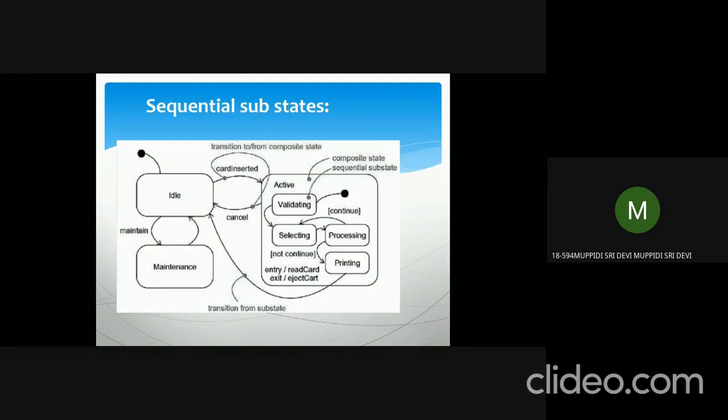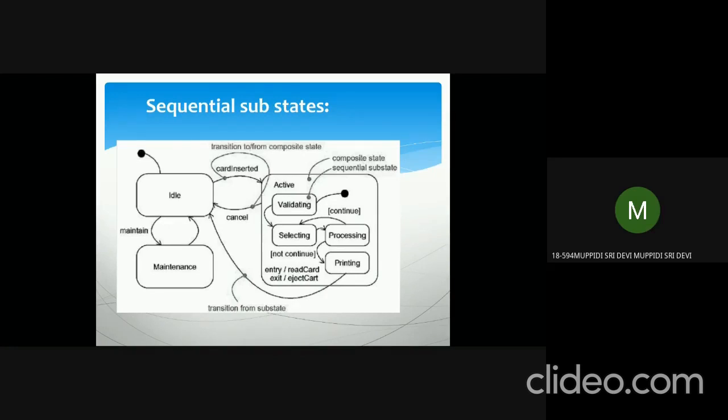So that is the cancel transition. This active state is an advanced state, so it will require some substates. This advanced state can contain either sequential substates or concurrent substates. Here we are discussing sequential substates.